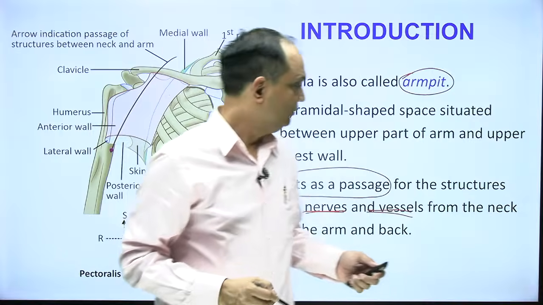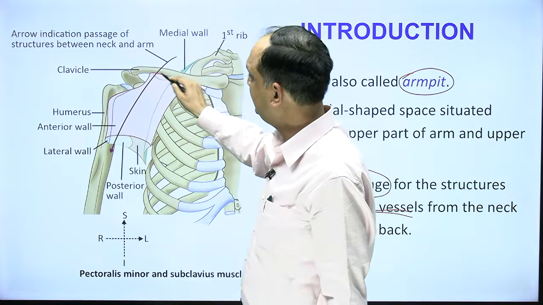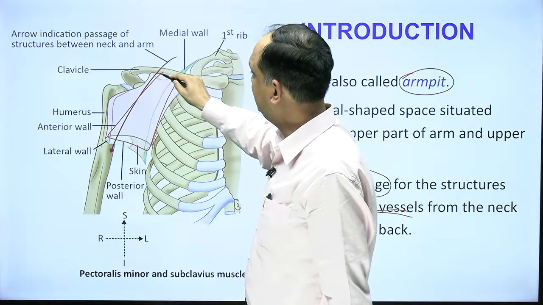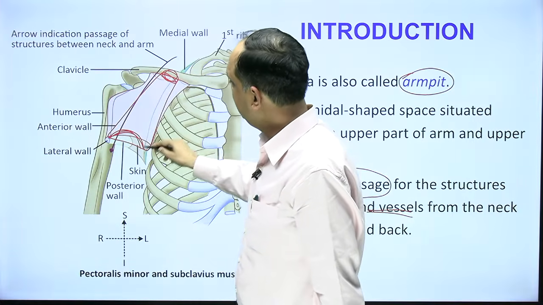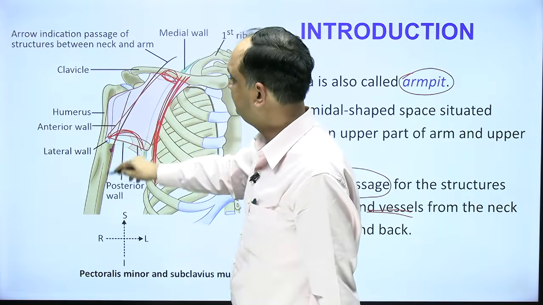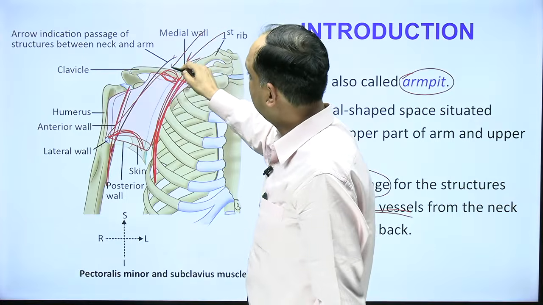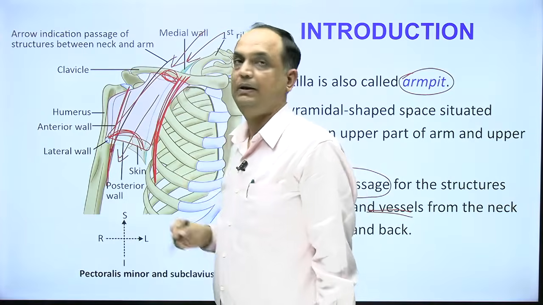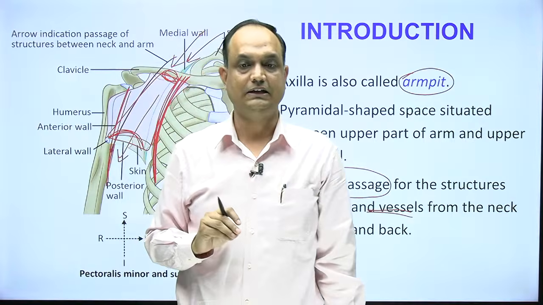In this diagram, this part is your axilla, with the apex, the base, the chest wall forming one side, and the humerus. This area allows structures from the neck to enter the upper limb. Clear? So this is the concept if somebody asks you what is axilla.